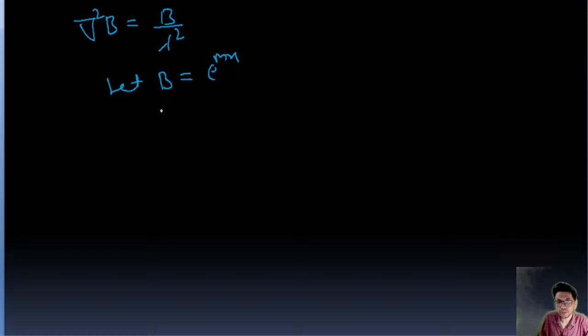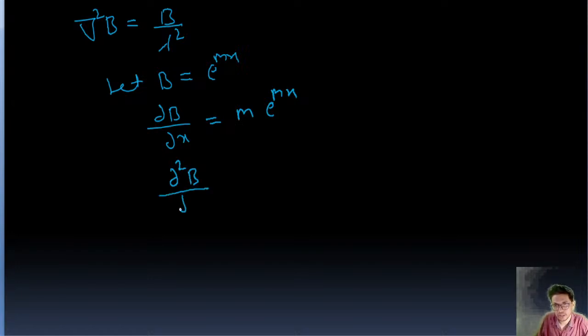So del b upon del x, we have to find Bx, right? b is a function of x, so del b upon del x is going to be m e to the power mx. Similarly, again we'll differentiate it. Del square b upon del x square is going to be m square e to the power mx.